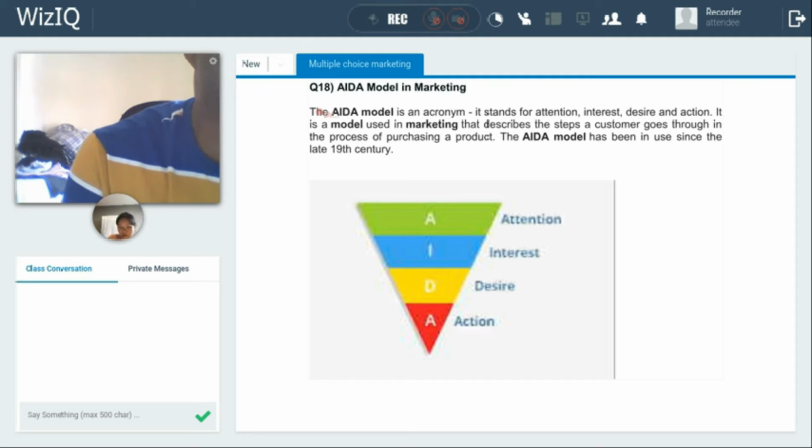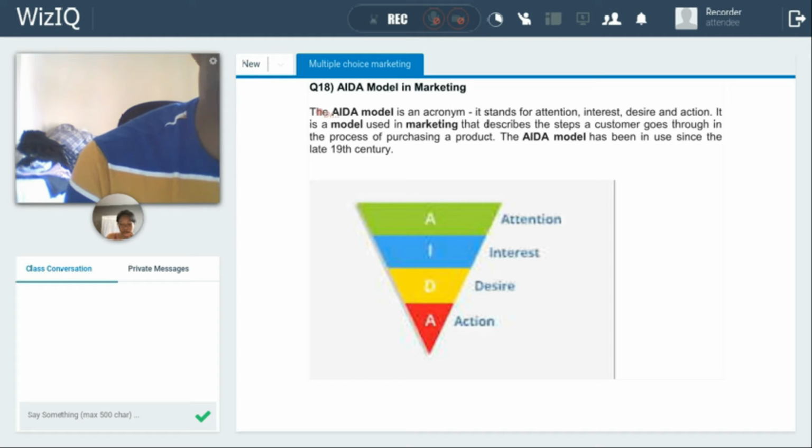Developing interest means you try to know what the product does, how useful it is, and what benefits it is going to give you. And once you have developed that interest, next you need to desire that product. So you say, wow, definitely, I like it. I think I will try to use it. And the next thing you need to do is buy it. So the action there is buying the product.